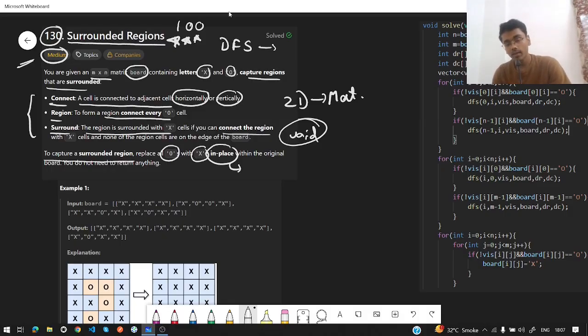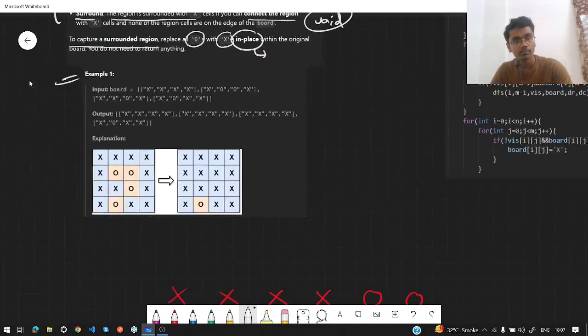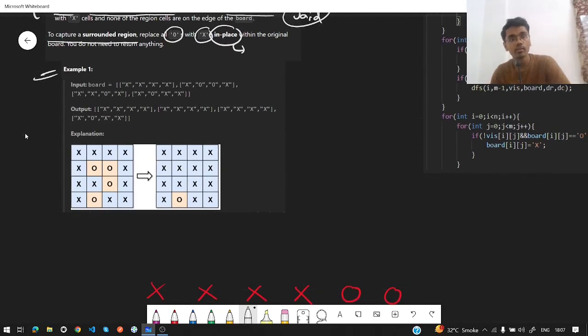Let us understand this problem with the help of the first example, because this is how you will understand the question in simpler terms. They have given the input board which looks something like this.